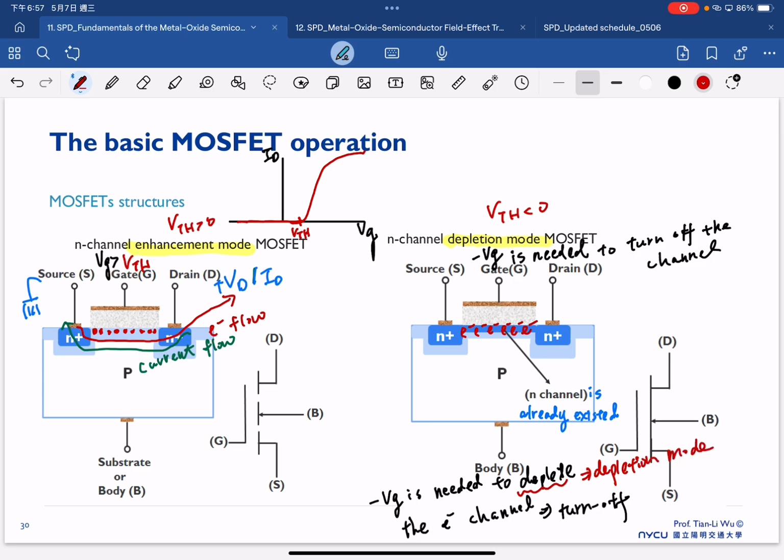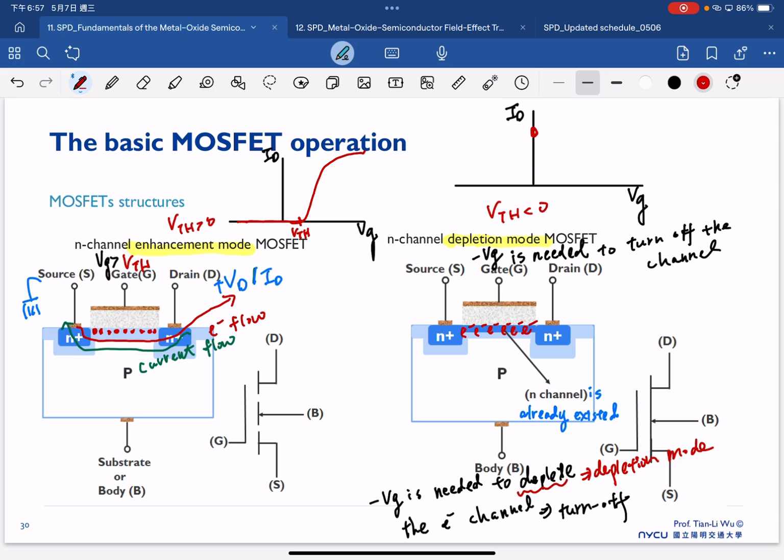So that's why we call this an N-channel depletion mode device. Now if you look at the typical ID-VG characteristic, first of all, at 0 volt, without any bias, we already have the electrons in the channel.